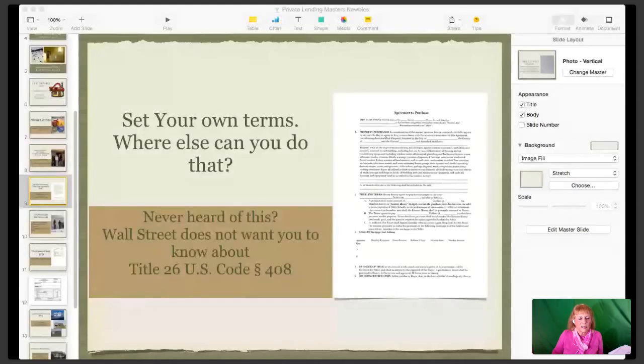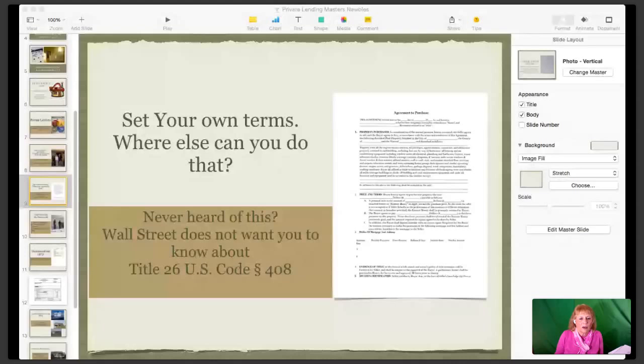So you can invest in real estate, gold, coins, all that stuff. Wall Street wants you to think it's only stocks and bonds and ETFs because they make a fee every time you buy it from them. And it's an easy transaction. They don't have to look at any documents. It's all automated.